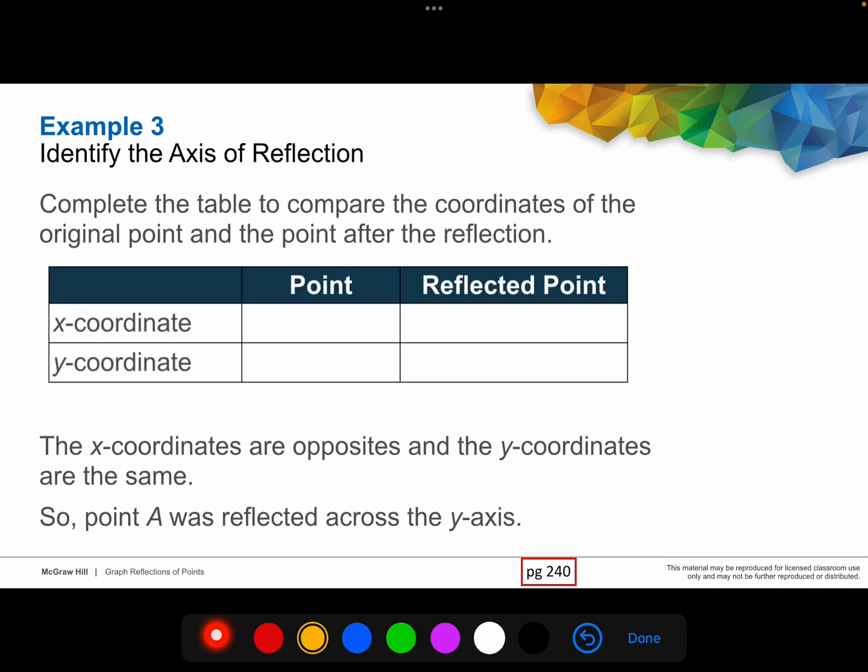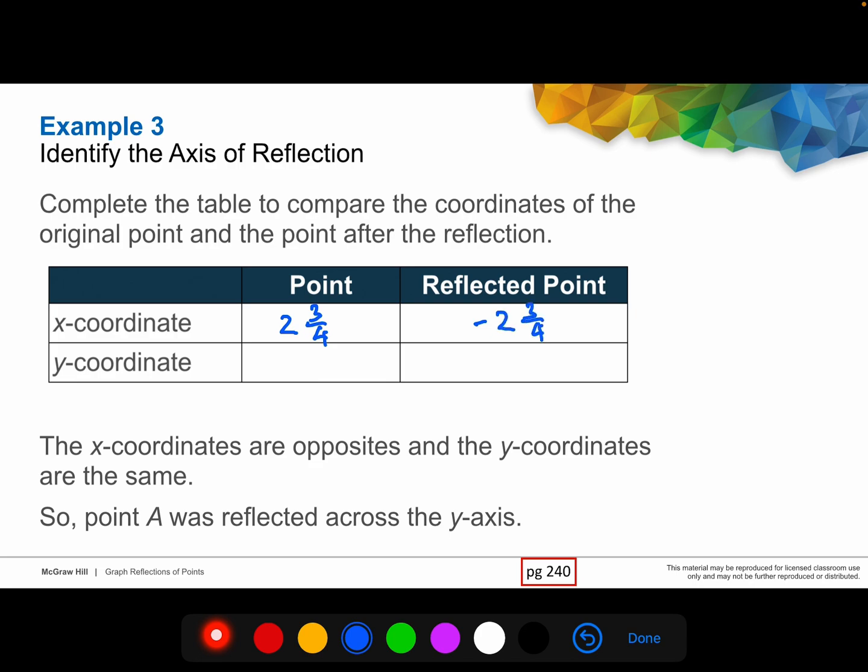Okay. So now we're going to complete the table to compare the coordinates of the original point and the point after reflection. My original point is 2 3/4, and the reflected point is -2 3/4.